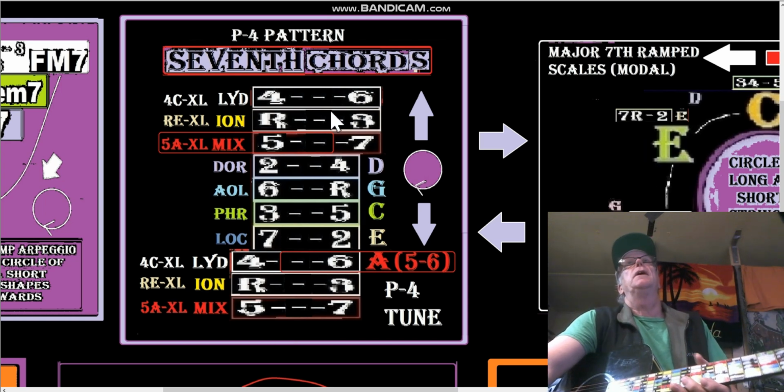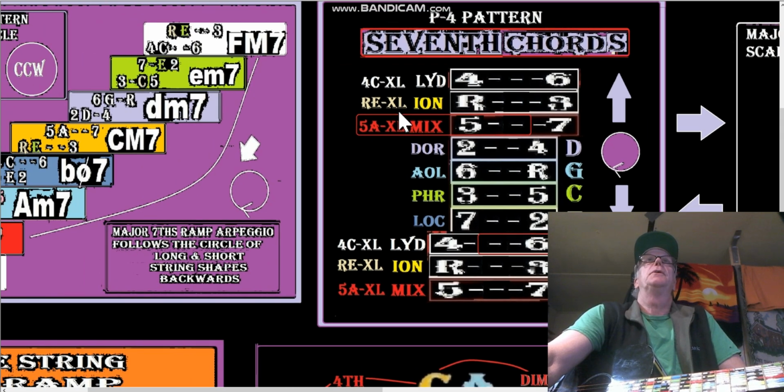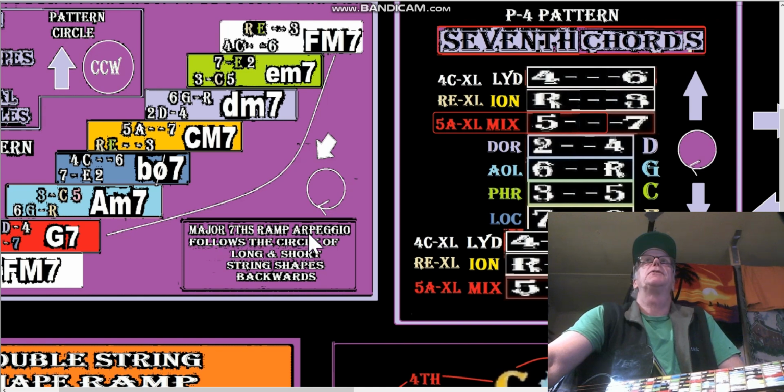But if we go the other way around, as it says here, major seventh ramp arpeggio follows the circle along in short patterns backwards. This is listed backwards, so this is forwards as backwards.